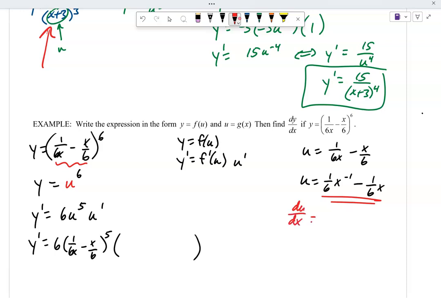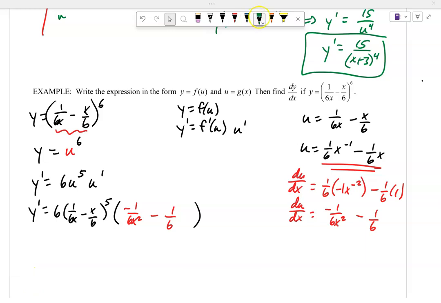Du dx would be 1/6 stays there. Run the power rule: -1 x to the -2, minus 1/6 derivative of x is just 1. So our derivative of u is -1/6 x to the -2 minus 1/6. Go ahead and write that in, and there's our dy dx.